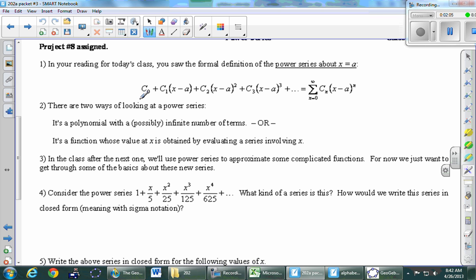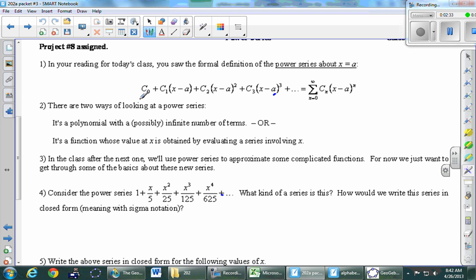And so the idea is, for example, something like number 4. You guys can see the increasing powers on the x, right? X squared, x cubed, x to the 4th. How much is the a, since I don't see x minus anything? It's 0, right? It could have been like x minus 1 cubed and x minus 1 to the 4th and x minus 1 squared, but it's just x cubed and x to the 4th.